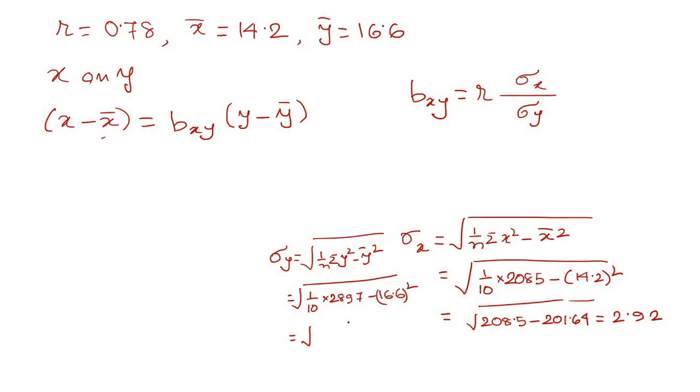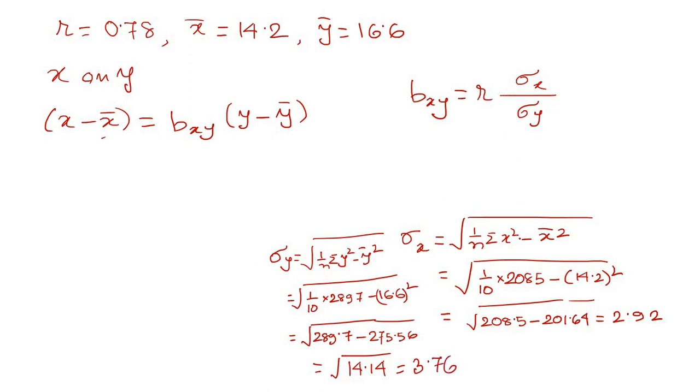So this gives me 289.7, and 16.6 square is 275.56, and this is equal to 14.14, and this is equal to 3.76.